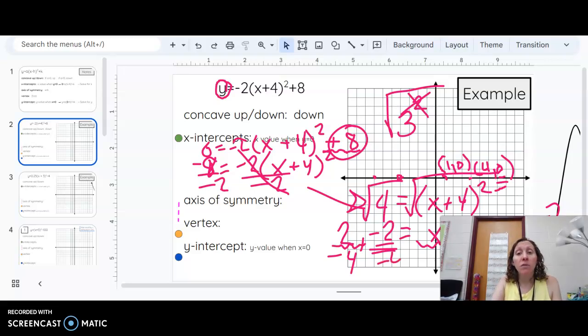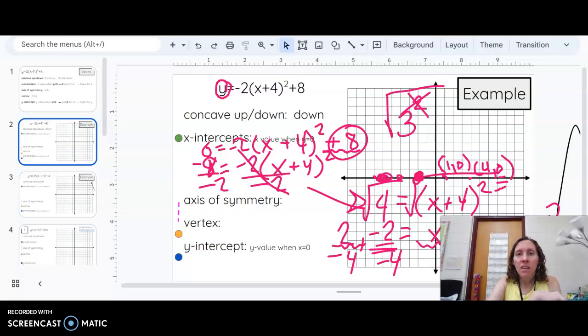Again, if we were to minus 4 on both sides, that would be negative 6. So those are the 2 x-intercepts. We'd have one at negative 2, which would be right here, and we'd have one at negative 6. 3, 4, 5, 6. So right there.